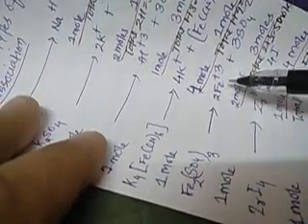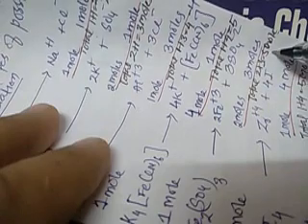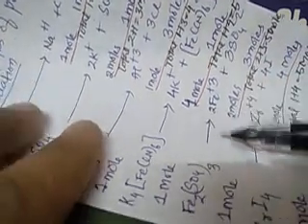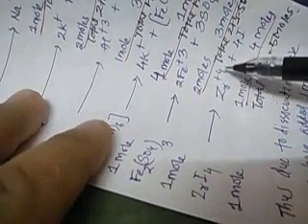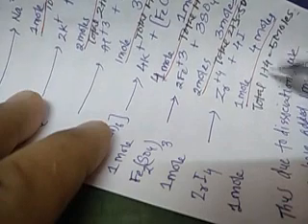If you have Fe2(SO4)3, that gives us 2 moles of Fe3+ and 3 moles of SO4 2-. Ultimately, it also gives 5 moles of particles. Even zirconium iodide, ZrI4, gives Zr4+ plus 4I-. So here also we get 5 moles of ions produced from 1 mole of zirconium iodide.